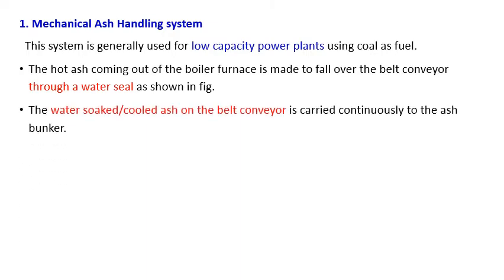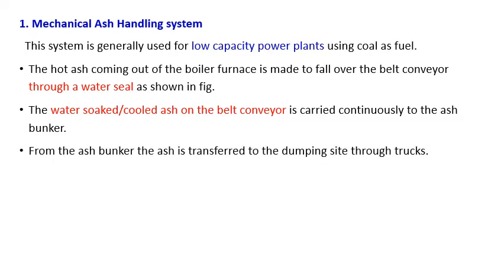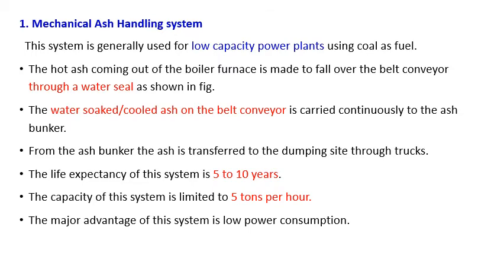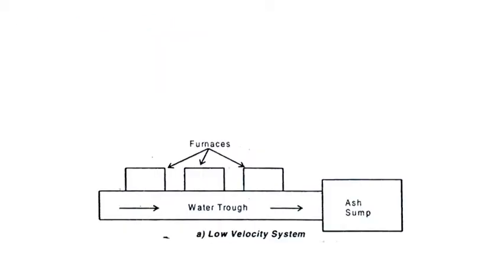The water soaked, cooled ash on the belt conveyor is carried continuously to the ash bunkers. From the ash bunker, ash is transferred to the dumping site through trucks. The life is around 5 to 10 years. The capacity of this system is limited to 5 tons per hour. The major advantage of this system is low power consumption.